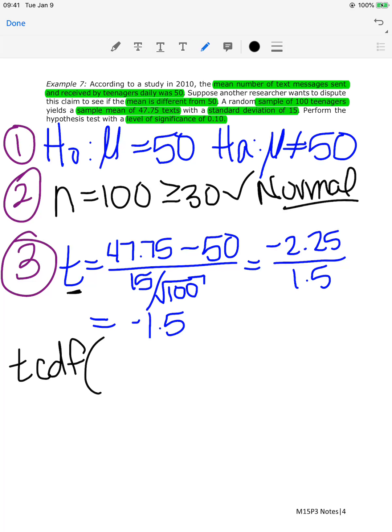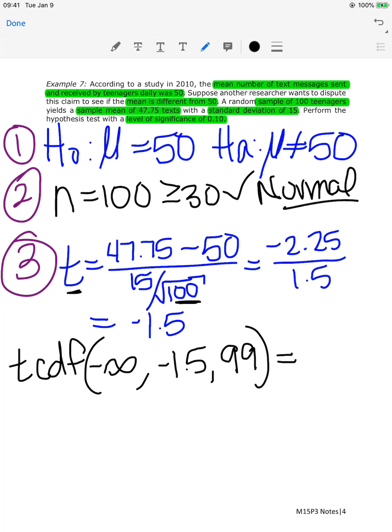If I had gotten a t-value of positive 1.5, I would treat this as if it's right-tailed and then multiply my answer by 2. So negative 1 million, negative 1.5, and then the degrees of freedom is 1 less than your sample size, so 99. So 1 less than whatever you put in the square root right here.